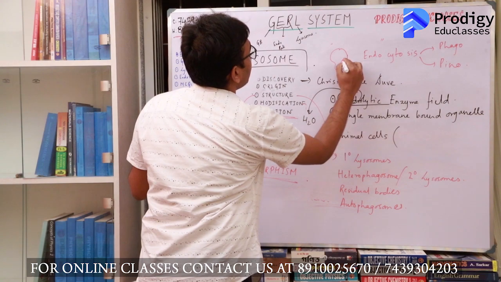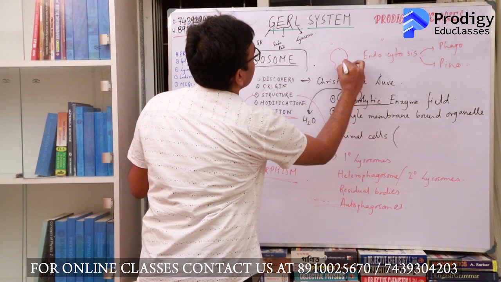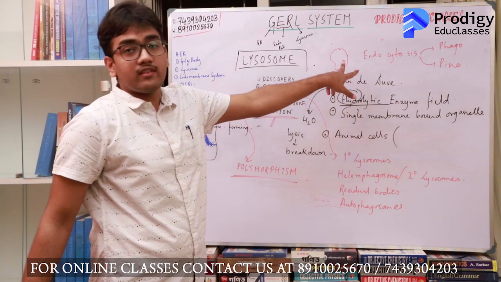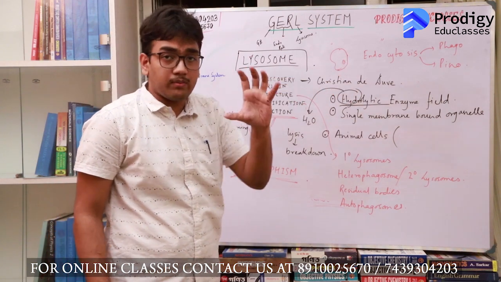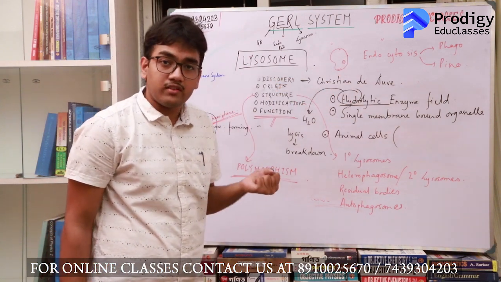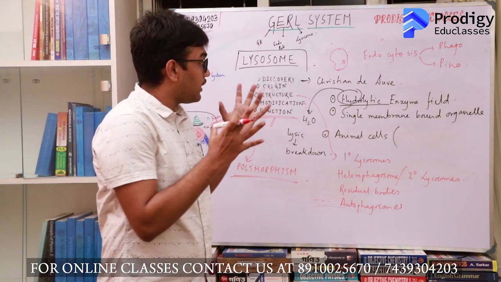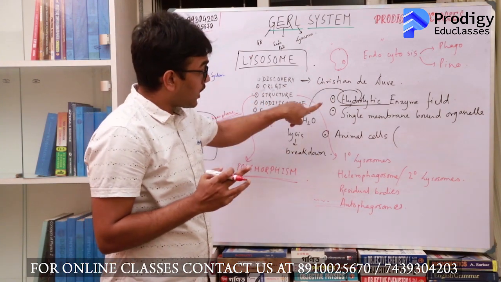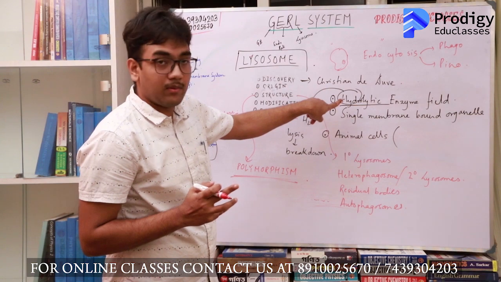After endocytosis, you'll find an animal cell with this substance inside. Now this substance which has been brought inside needs to be digested. How to digest it? How to derive energy from it? Here comes the importance of the hydrolytic enzymes.